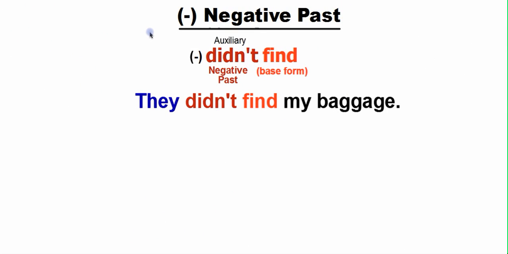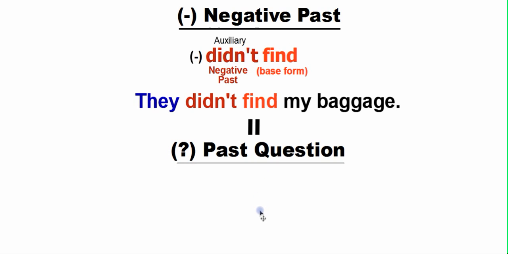So the most important thing to remember about the negative past is that we do not use the verb in the past tense. We use the base form of the verb, and the past tense is on the negative auxiliary didn't. Now, this idea is similar when we use a past question.